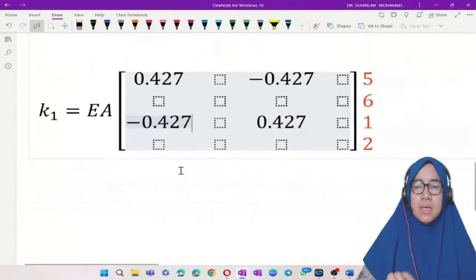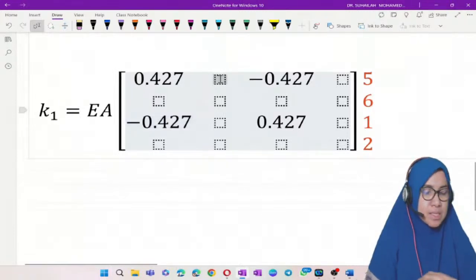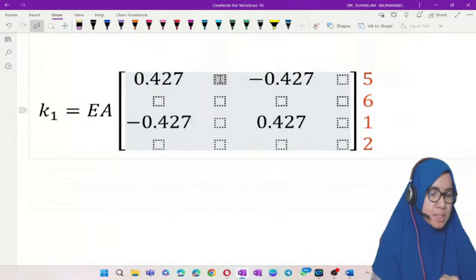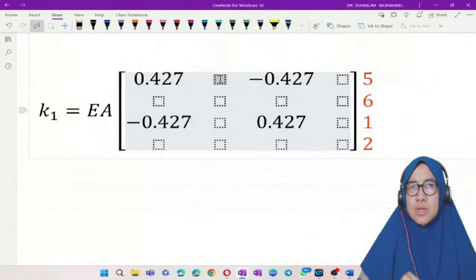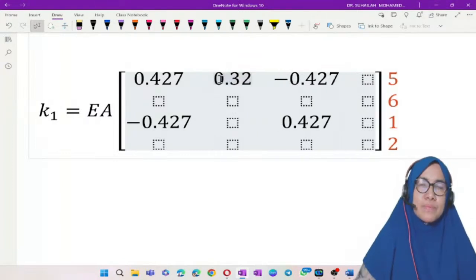Okay, so next value is CxCy. CxCy is 0.6 times 0.8 divided by 1.5, the formula as given in the appendix. It is 0.32.